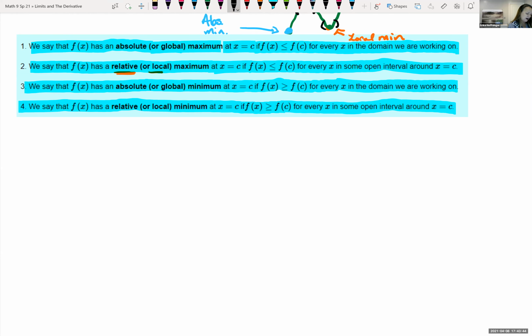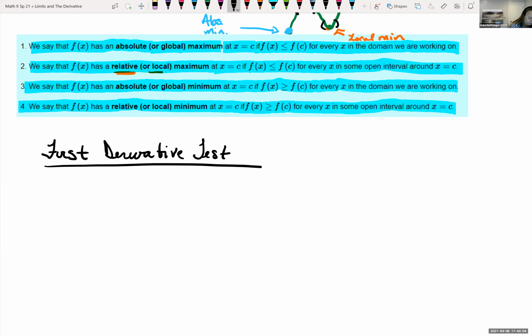Okay, so how do we solve these? We can solve these, finding local max and local mins, or maximum and minimums, by the first derivative test. So this says, let c be a critical number for a function f.